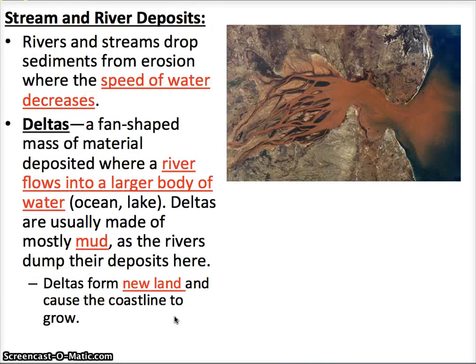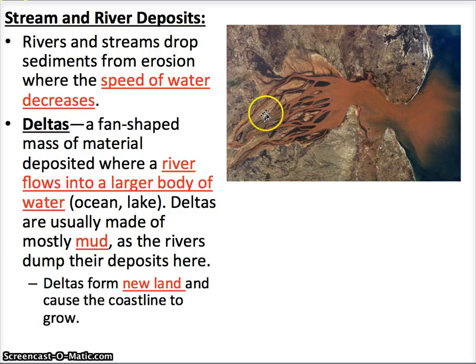Now let's talk about deposition with streams and rivers. So deposition, remember, is when little pieces of rocks and sediment get dropped off. For rivers, sediment gets dropped off when the rivers slow down. Rivers usually slow down in areas where the rivers end, and rivers end where the ocean starts.